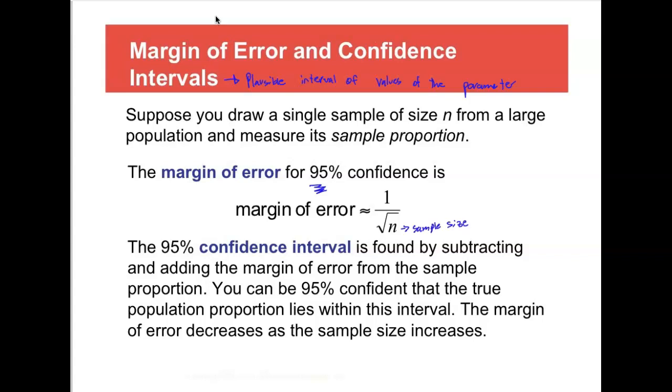All right. So you go out, you get a sample, you measure the sample proportion. This is like the percent of people who are going to vote for candidate A. And then to that proportion, you're going to add and subtract 1 over the square root of your sample size. That gives you an interval within which you can be 95% sure the true parameter falls.